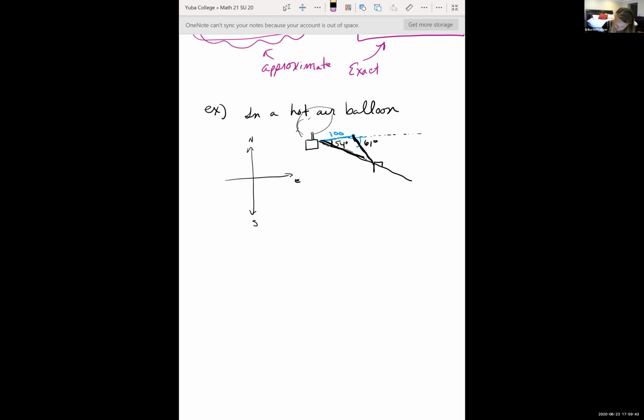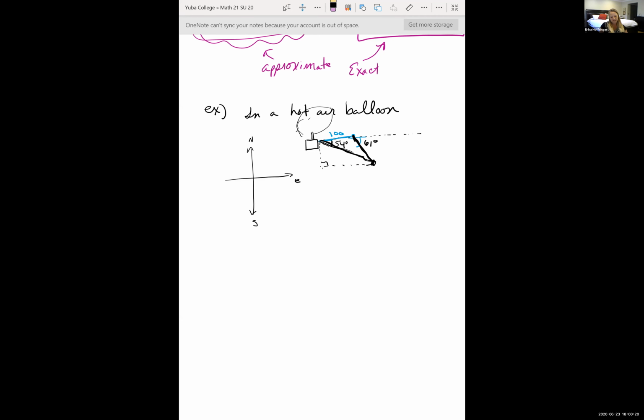Here's our building, and we want to find the height. And I'm going to change this a little bit. Okay.